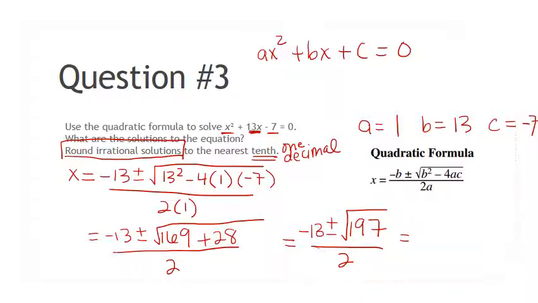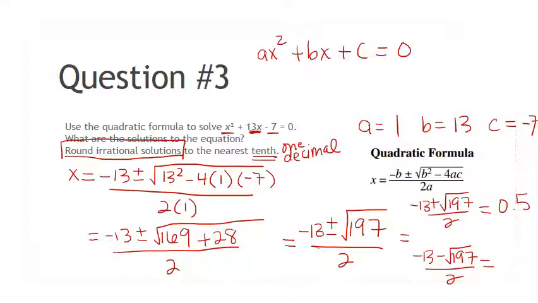Remember, this is really 2 problems. This is negative 13 plus the square root of 197 over 2, and it is negative 13 minus the square root of 197 over 2. So I'm going to find each of those answers by plugging them into my calculator. So negative 13 plus the square root of 197 divided by 2 gives me 0.5 if I'm rounding to 1/10.